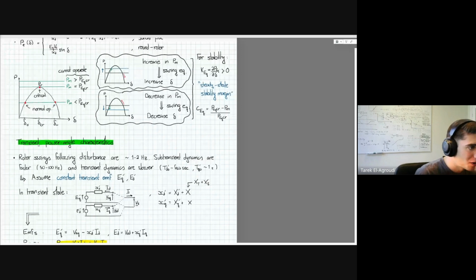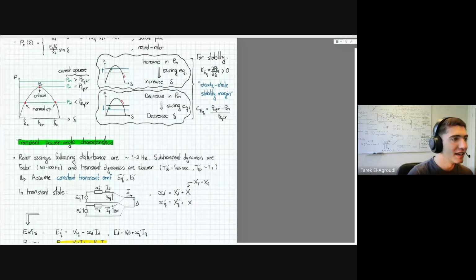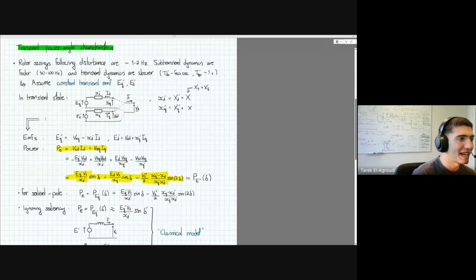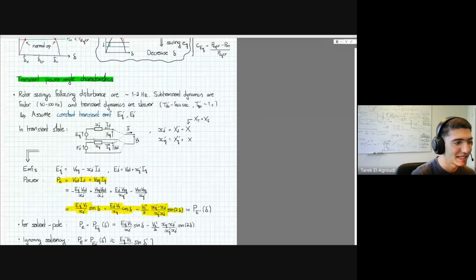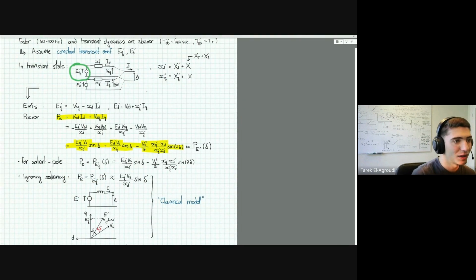Which power angle characteristic are we looking at now in the transients? That is basically this transient power angle characteristic, which is the exact same as the steady state one, except you use the transient voltages and the transient reactances. And the transient reactance, you get that in the data sheet.